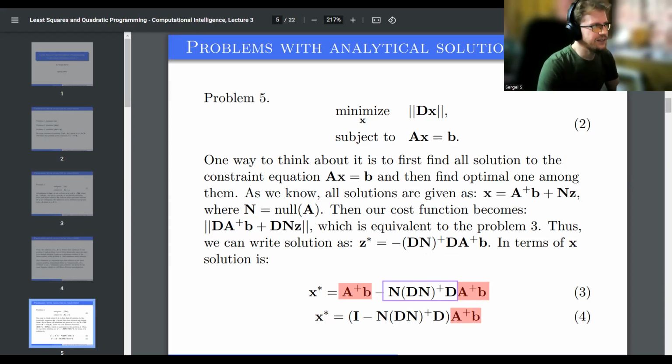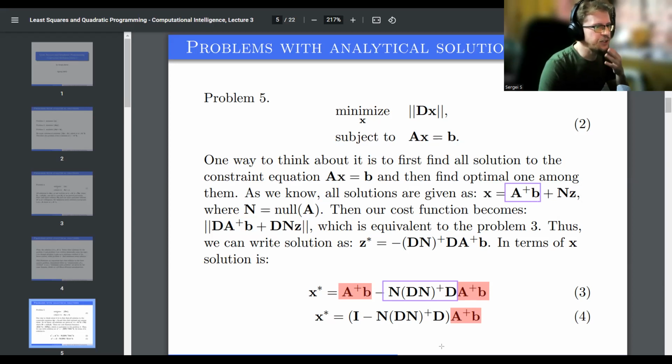What happens if D is identity? What do you mean by identity? Why should D be identity? Well, if D is identity, then this becomes problem 4, which we already solved. The solution to this problem 4 is the pseudo-inverse. So the solution to problem 4 is this guy. So interesting, right?